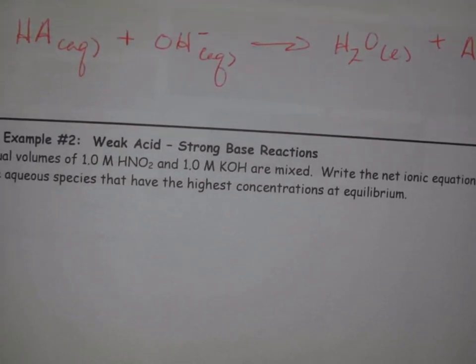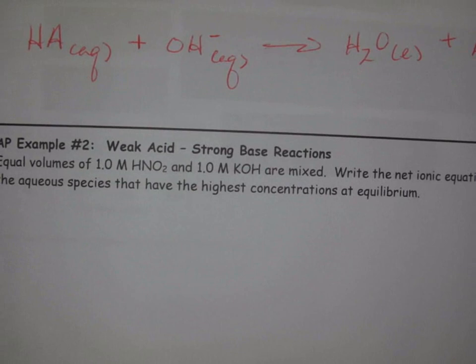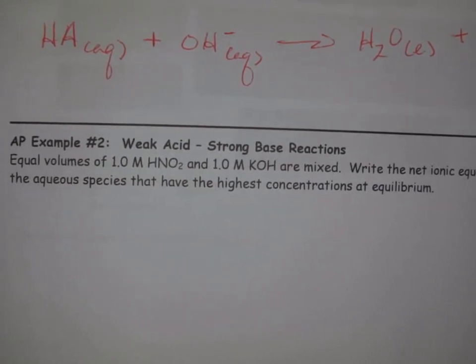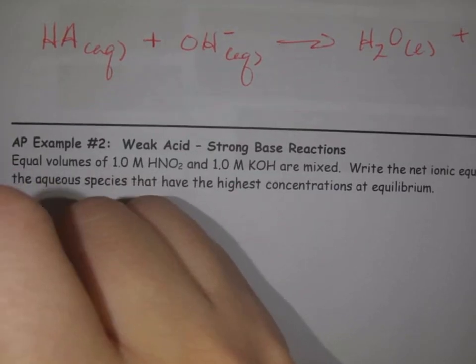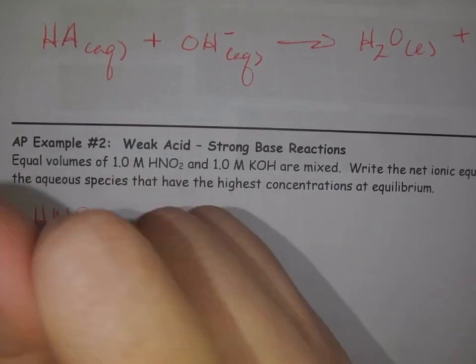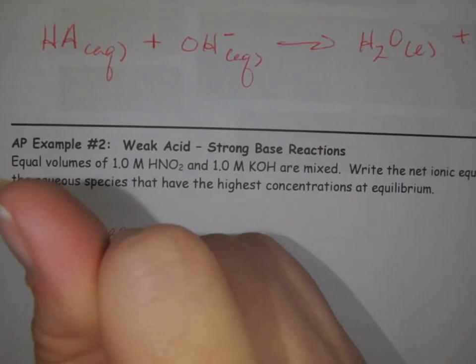So on this next one, equal volume of 1 molar HNO2, a weak acid, because HNO3 is a strong acid, and 1 molar of potassium hydroxide are mixed, right? The net ionic. So here's my weak acid, and I don't break it apart for a net ionic because it's weak.